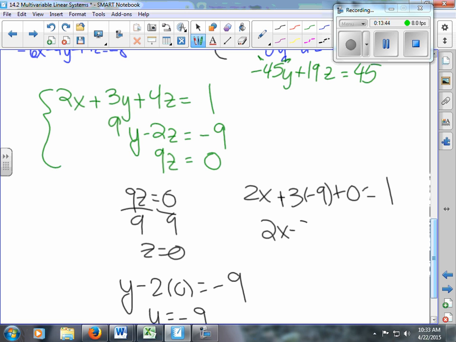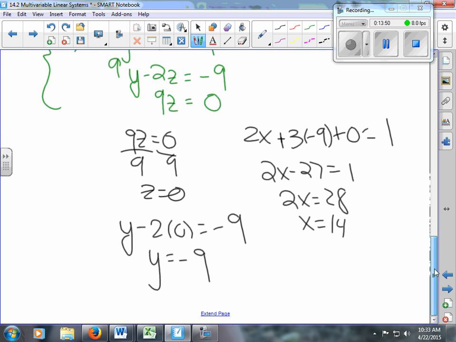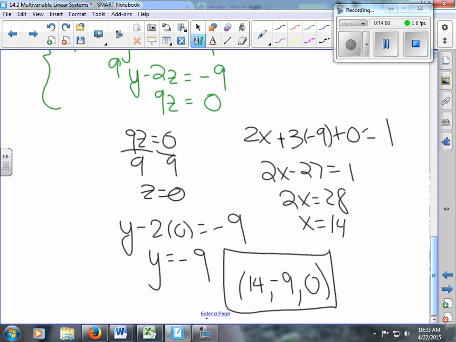And so 2x minus 27 equals 1. 2x equals 28. And x is 14. And so I have the solution 14 in the x, negative 9 in the y, and 0 in the z. And that's how you solve 3 systems of equations with 3 unknowns.